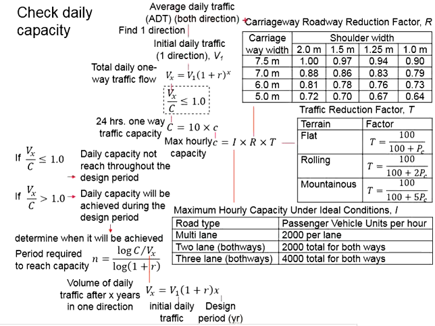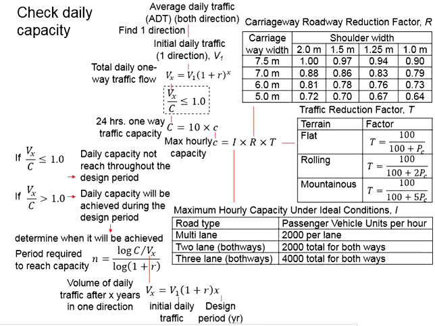However, the ADT calculated is in the mode of both directions, assuming equal traffic in both directions. Now the initial daily traffic will be half of the ADT as acquired from the traffic survey. If you use the traffic survey data, you might need to consider the construction durations. Let's say your traffic survey is done before the construction.